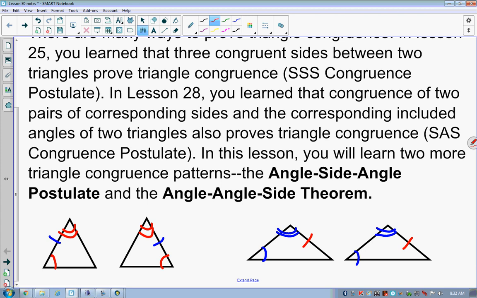Now, could you read this off as side-angle-angle? Yes, but we're going to write it up as angle-angle-side. I don't want you to get too caught up in where these places are specifically, but I want you to understand where they are in relation to each other. As we read them, I read angle, side, angle. Do we understand this? Hopefully a little bit better than we started off with yesterday.